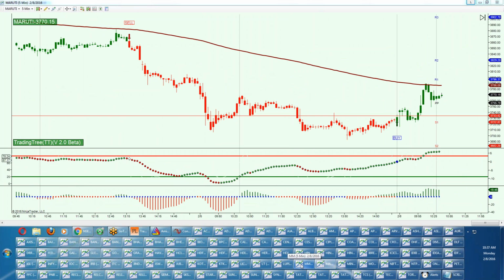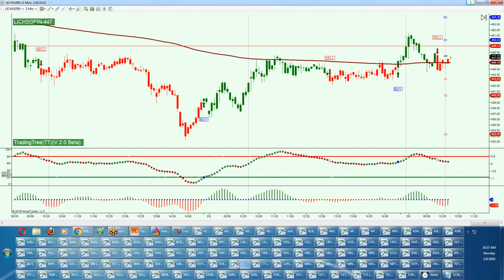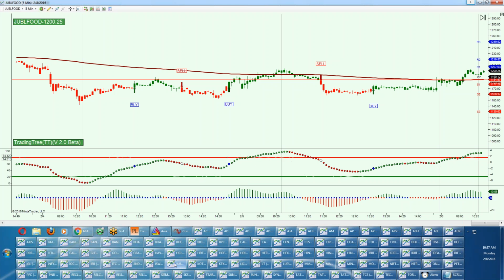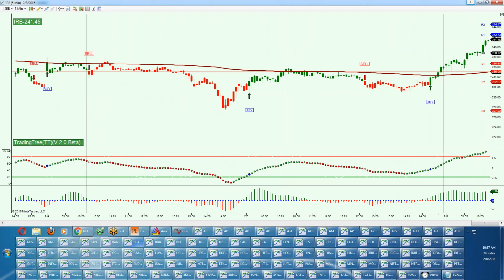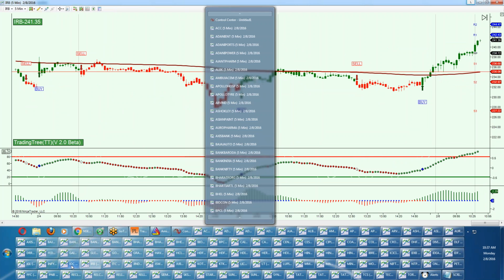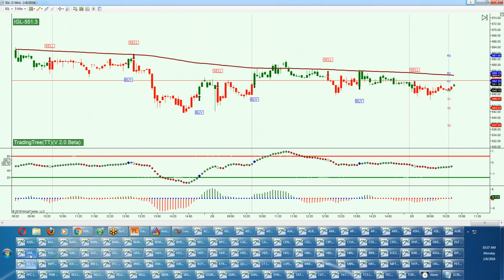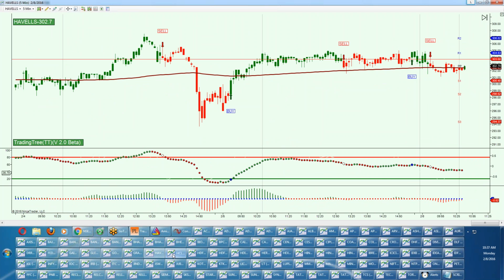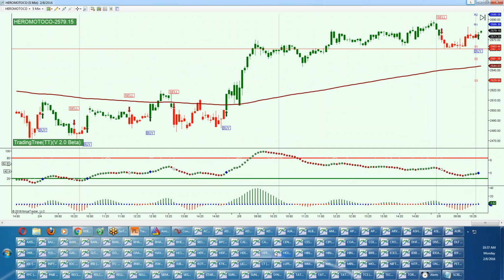So Maruti has done its profit. IRP, the next target will be 242.40. So that's triggered.